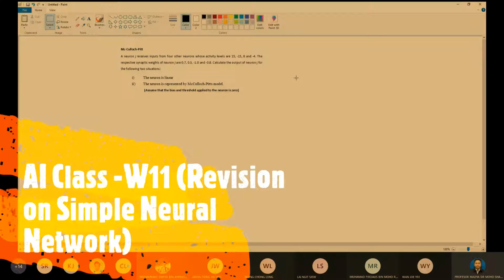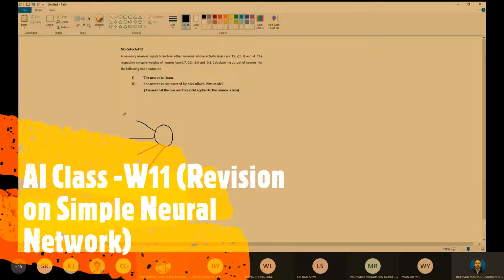The first neuron is linear, and the second one is the neuron represented by McCulloch and Pitts. Right. So this is our neuron. We have four inputs.